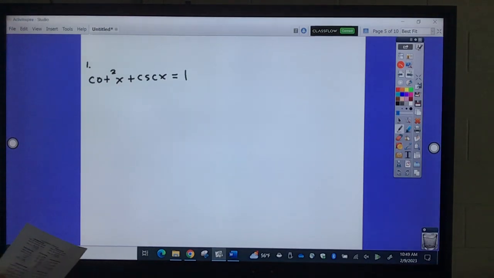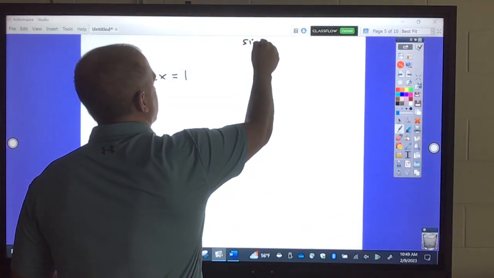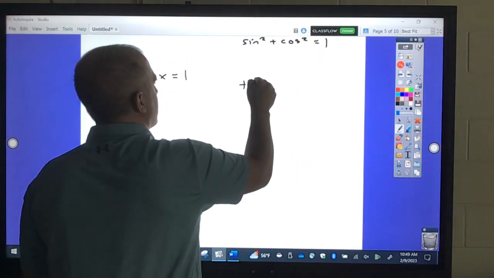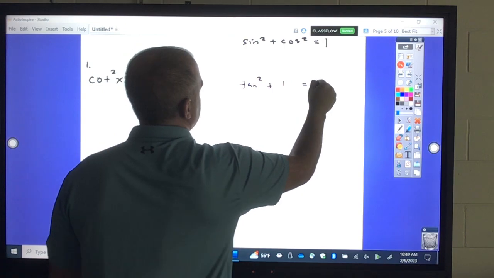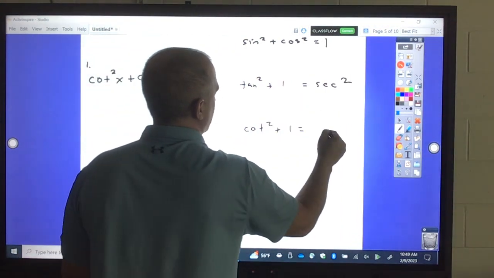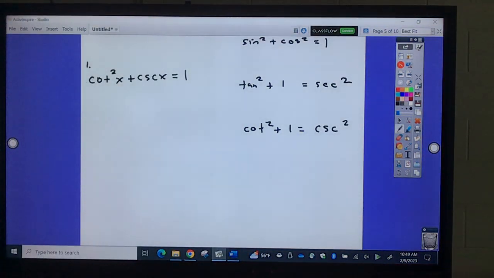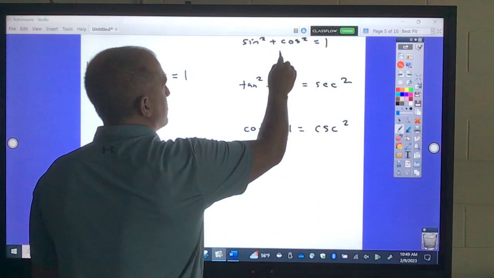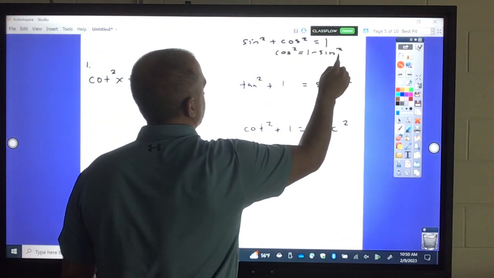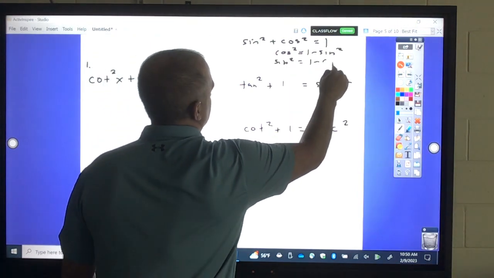So I've got some identities, and we went over these at the beginning of the last class. Sine squared plus cosine squared equals 1. Tangent squared plus 1 equals secant squared. And cotangent squared plus 1 equals cosecant squared, all right? Now, you want to not only know those, but think about how you would move those. So I could have 1 minus sine squared, I could have sine squared equaling 1 minus cosine squared.